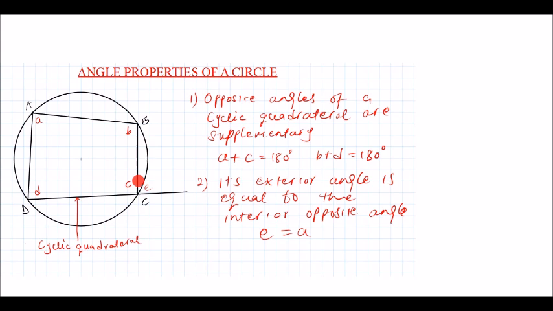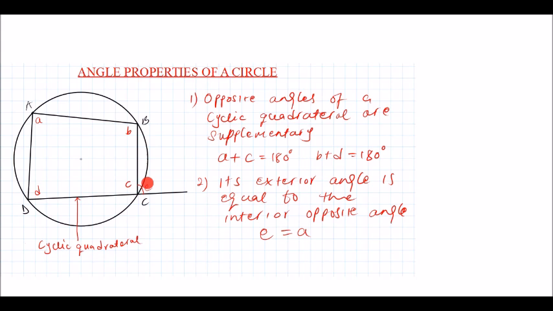The other one is we have angle E here. This angle is formed as a result of extending chord CD where it joins with the chord BC. So that is where the angle is formed, this angle here.